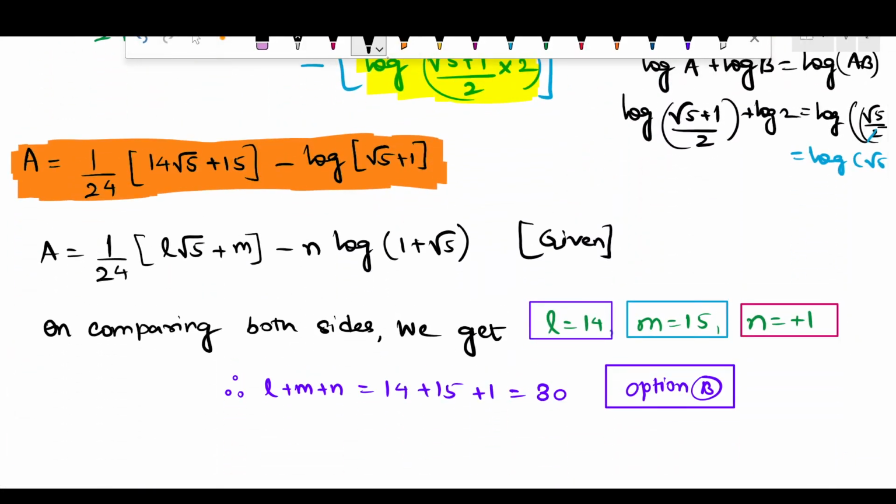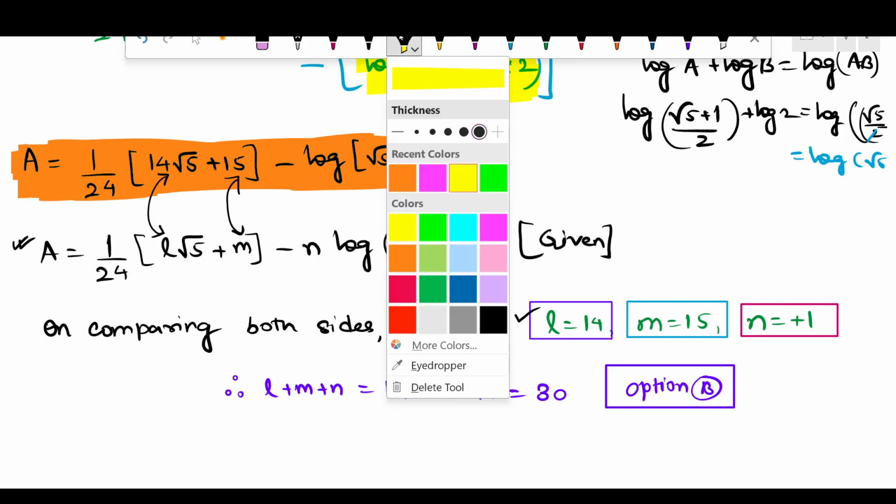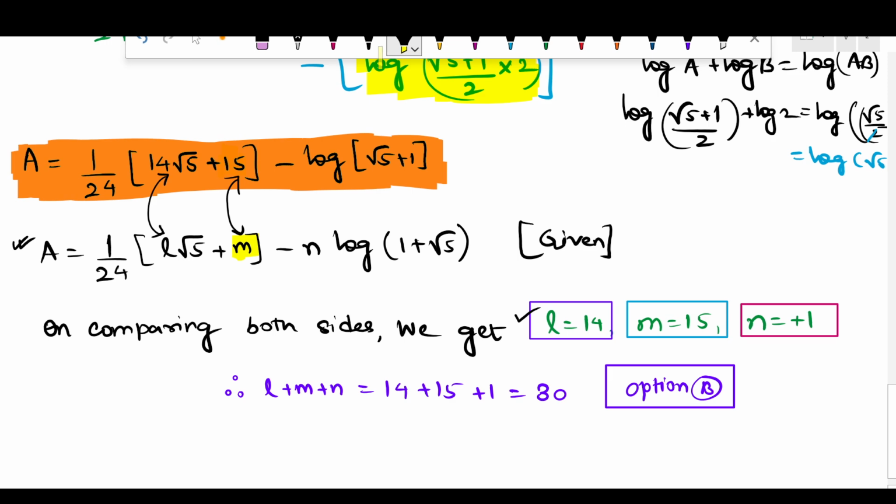Given that the area is this, on comparing both sides we get the value of L as 14, the value of M as 15, from here you can see, and the value of N is 1, right? I hope this is clear to all of you, as the coefficient of log (root 5 plus 1) is 1, right? So we have found out the values of L, M and N.